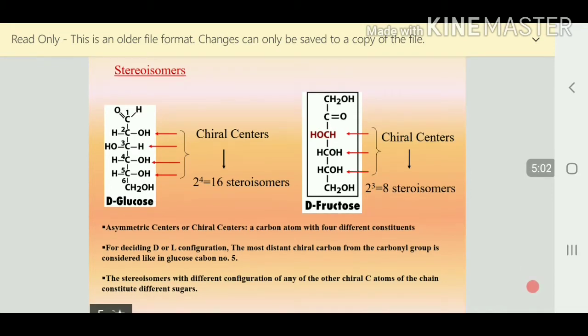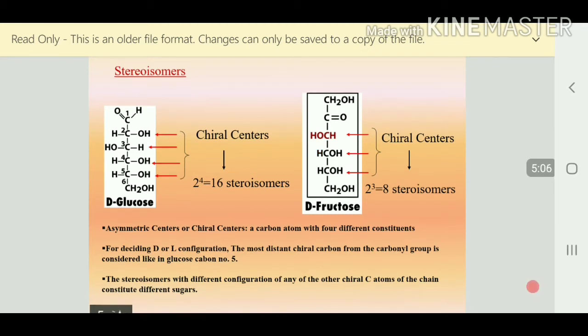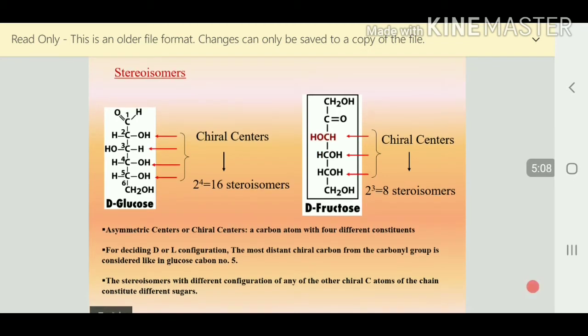For deciding that it is D-glucose, what is considered is the chiral carbon having a hydroxyl group which is most distant from the carbonyl group. That is, carbon number 1 is the carbonyl group and carbon number 5 is the most distant asymmetric carbon atom.